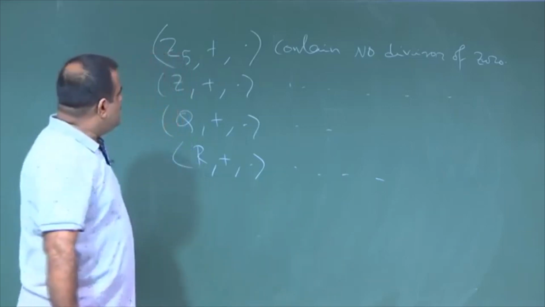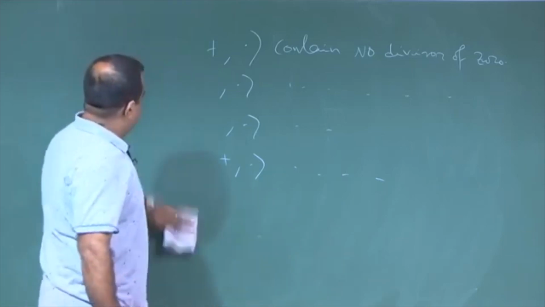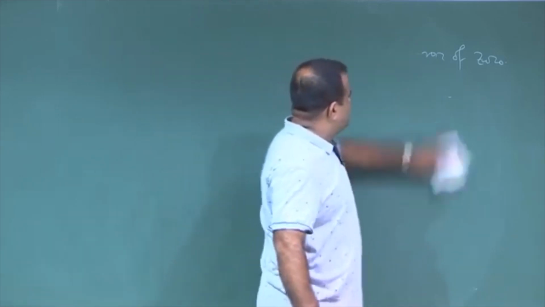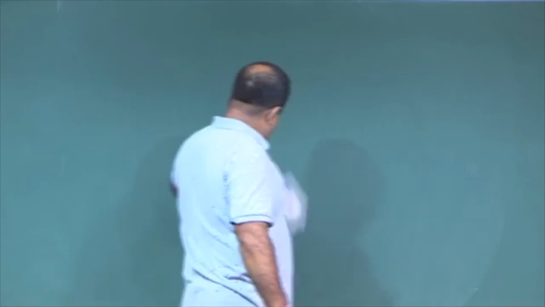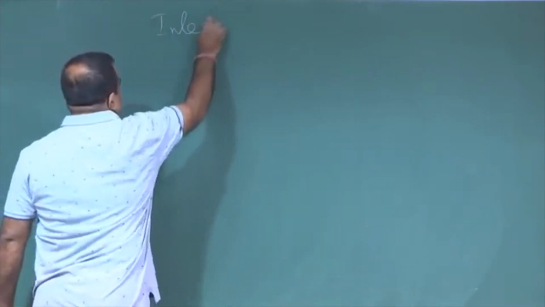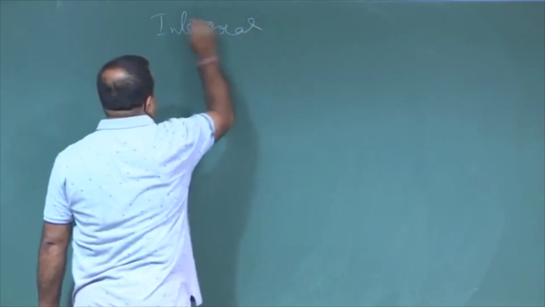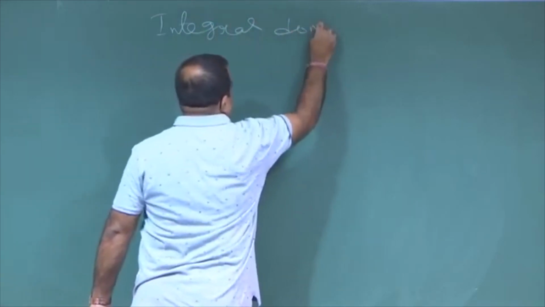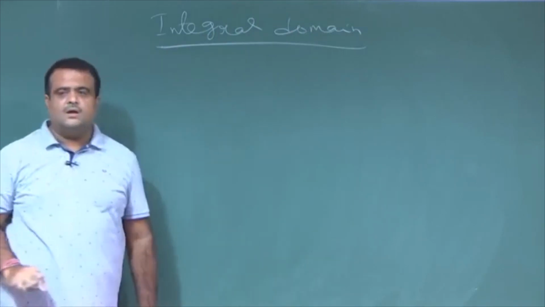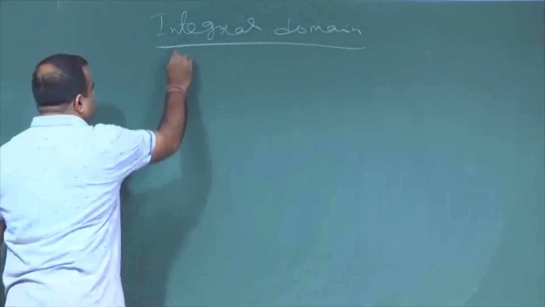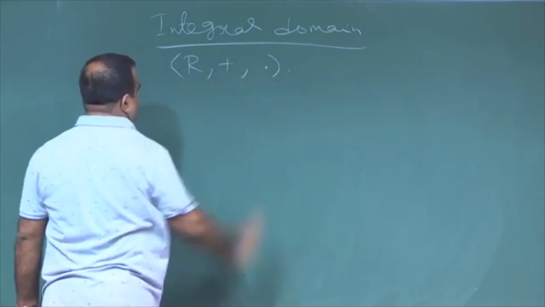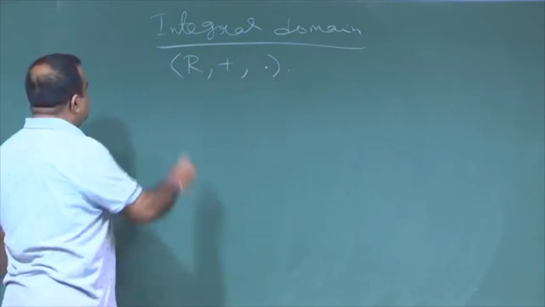Okay. So, now we define integral domain. This is another algebraic structure. So, this also needs to have a set R along with the two operators.